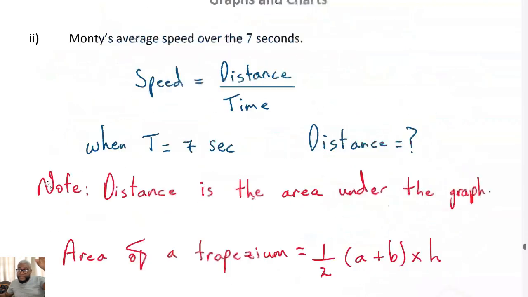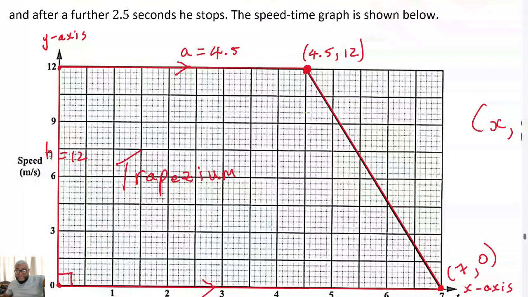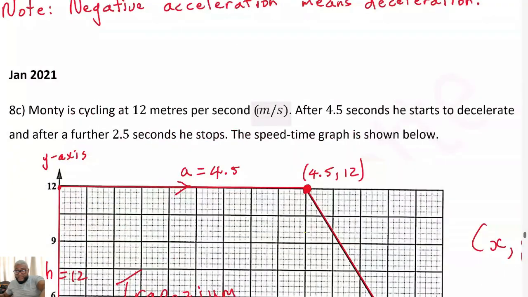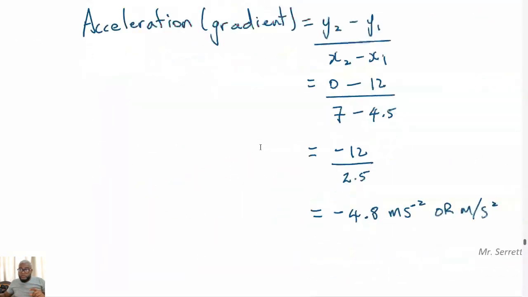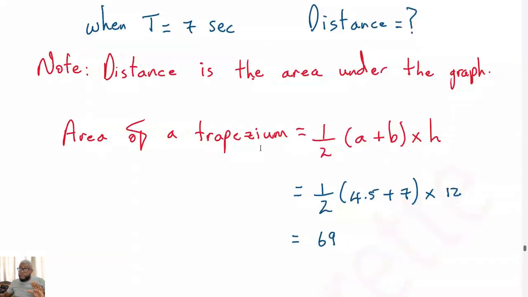Now this is your distance. Meters per second was the measure here, right? From up here you'll see it. So it's going to be 69 meters, because my distance is in meters.